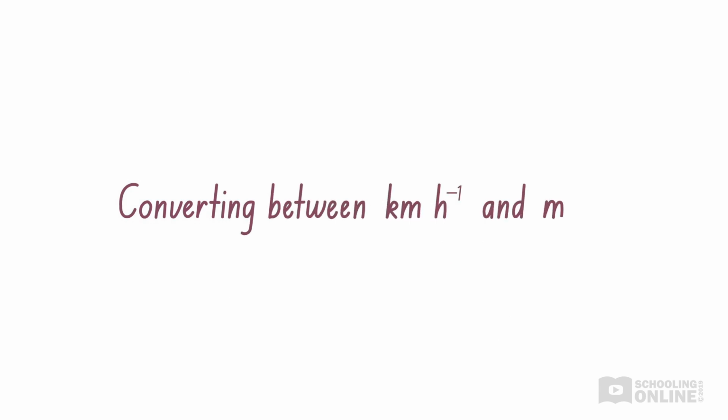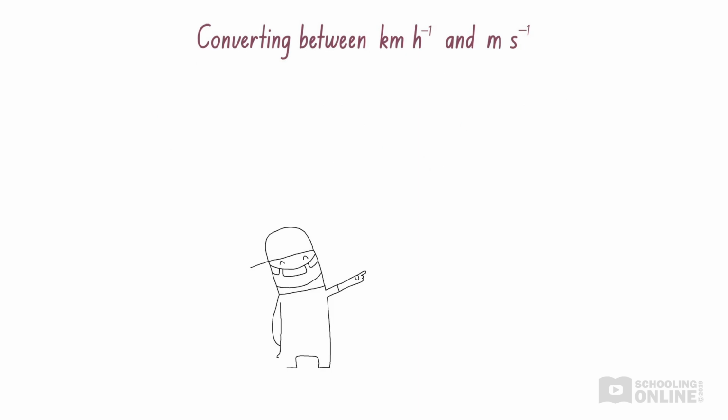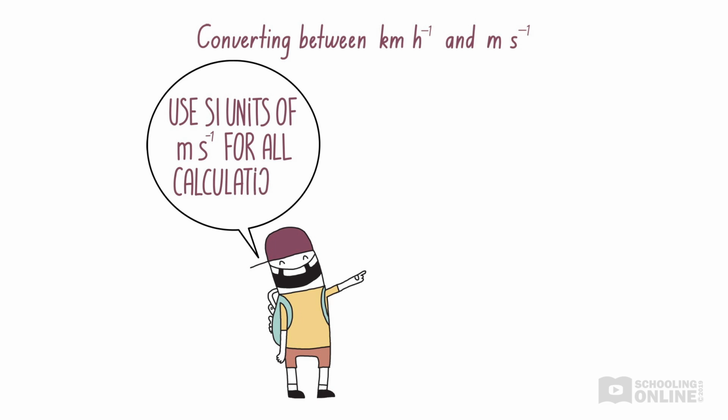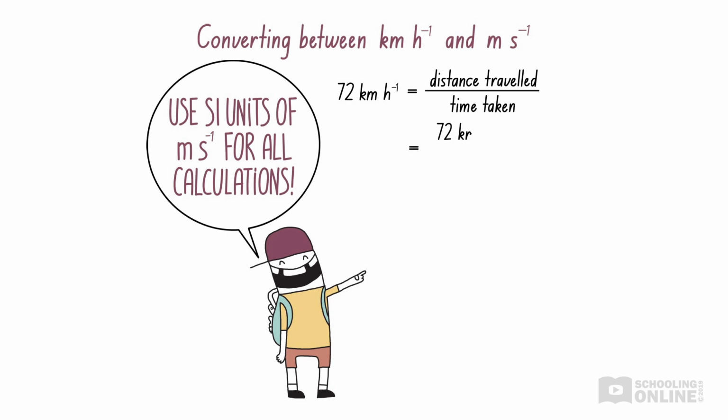In physics, you'll need to know how to convert between kilometres per hour and metres per second. As we mentioned earlier, the SI units for speed are metres per second, and we should stick to this for all calculations. Firstly, remember that speed is distance travelled over time taken. Therefore, we can write the speed 72 kilometres per hour as a fraction.